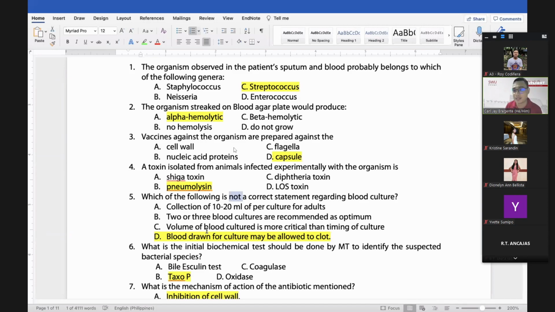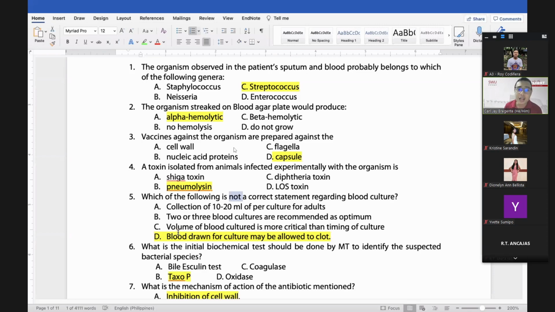In case we miss that in one culture bottle, so at least may backup pa tayo. Also, we need to perform aerobic and anaerobic culture. So for adults, the one bottle is for aerobic and the other one is anaerobic.